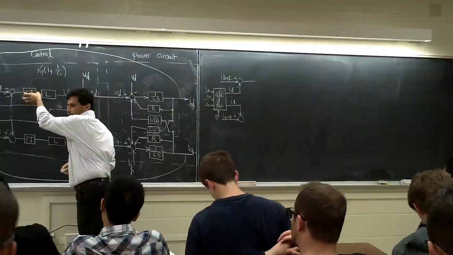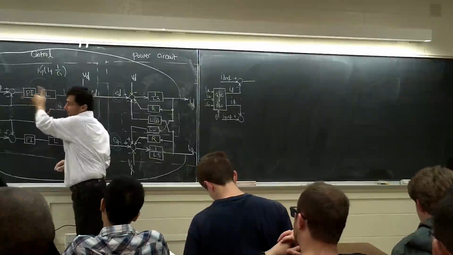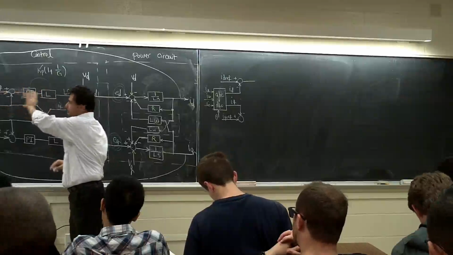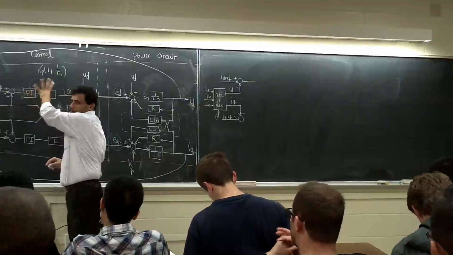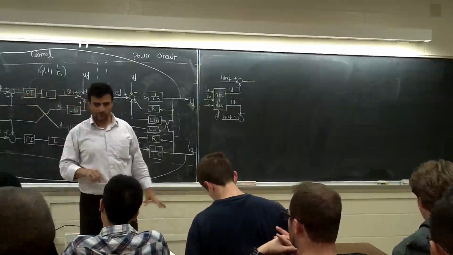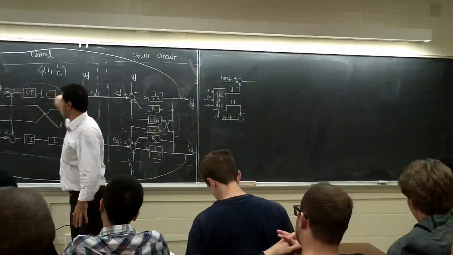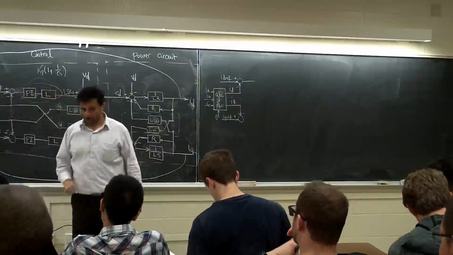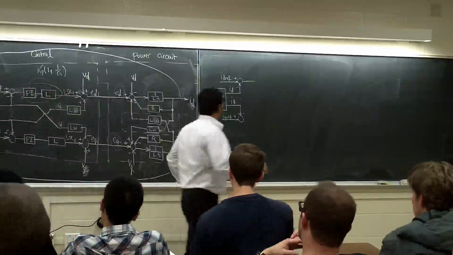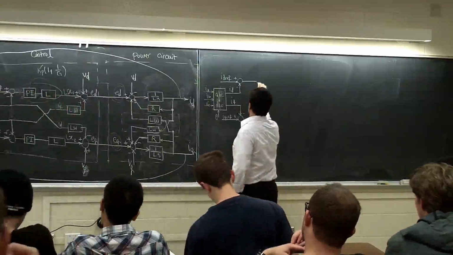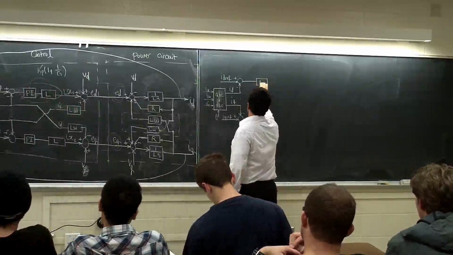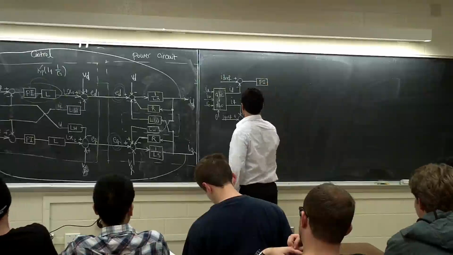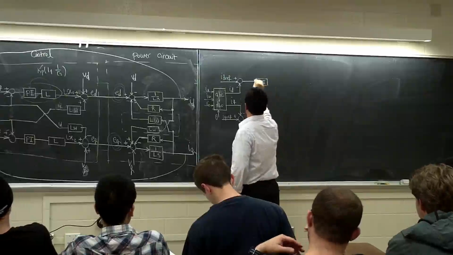You can merge it to this block. I put it here because I want to match those equations. But you can merge this block together and again call it PI. Correct or not? Yes. So I'll put a PI here. I'll put a PI here.